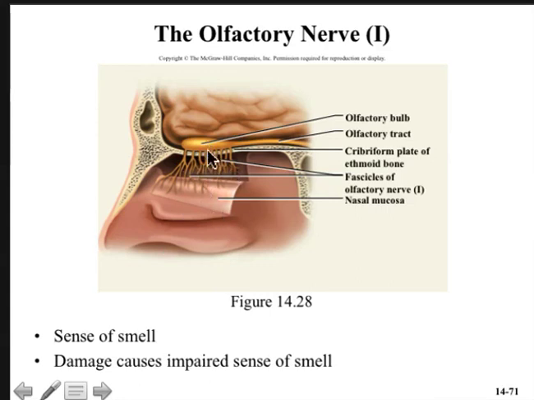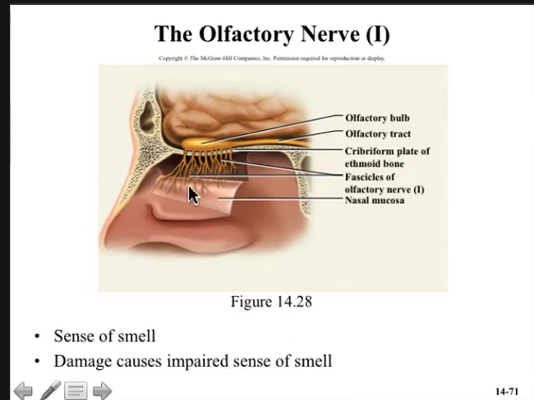So this is one of the more unusual central nervous system structures in the sense that these neurons do regenerate on a daily basis, whereas the majority of central nervous system neuron populations are incapable of being regenerated once they've been damaged.